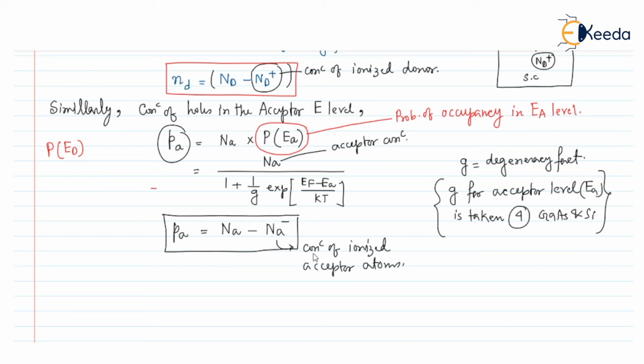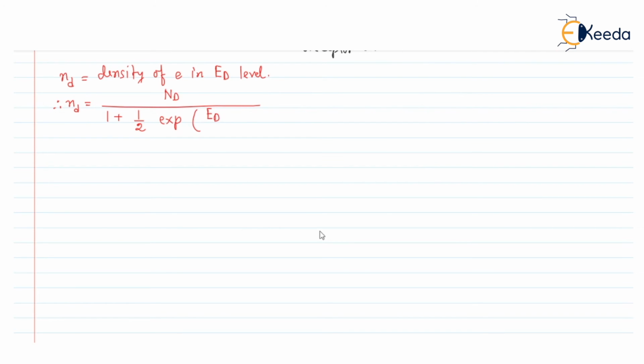So let us take the value of n suffix d, which was denoted as the density of electrons in the Ed energy level, and it was written by the equation that we have found: nd equals capital Nd, the donor concentration, divided by 1 plus half, the degeneracy factor, exponential Ed minus Ef divided by kT.